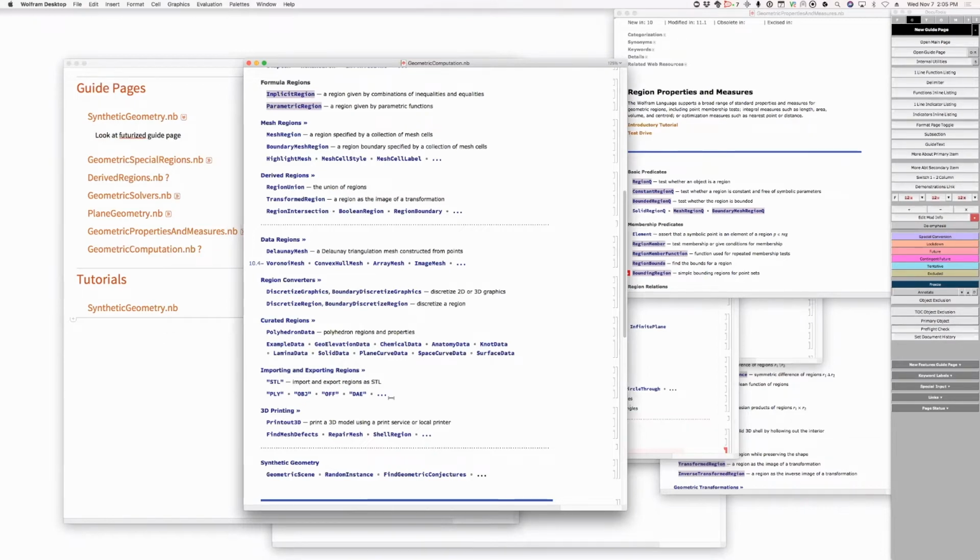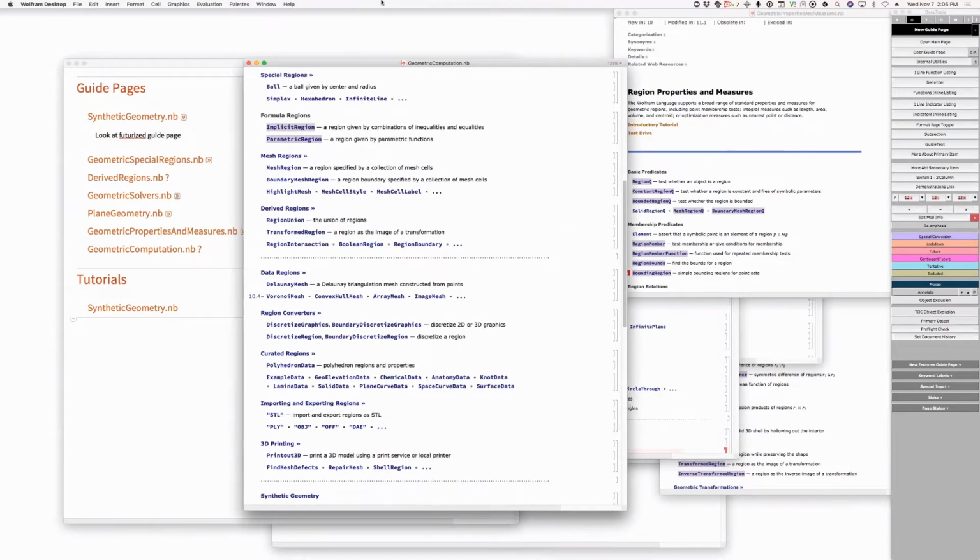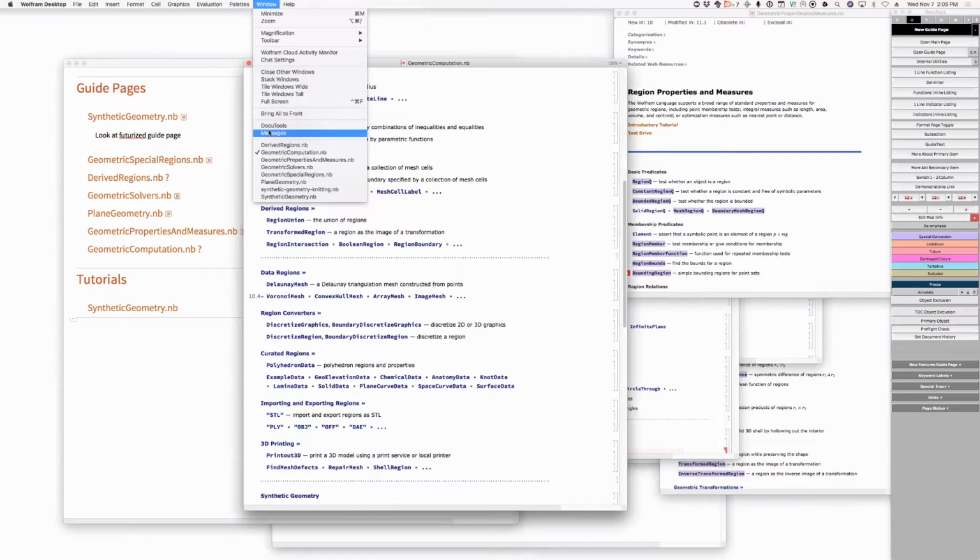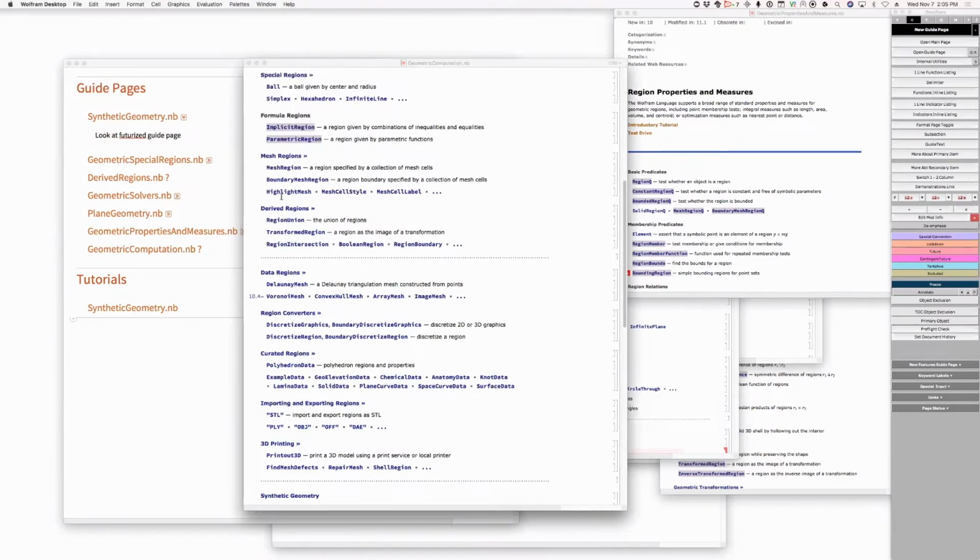Okay, so let's go back to the page synthetic geometry, and we want to say more about geometric computation. Clearly a worthwhile thing to point to. Okay, so this one is done, right? Yes.